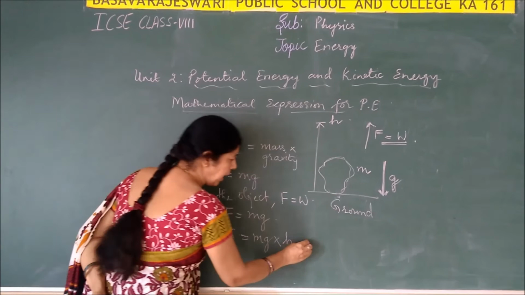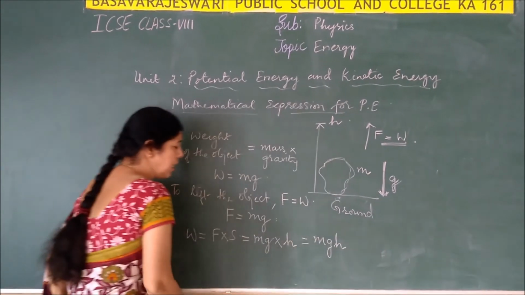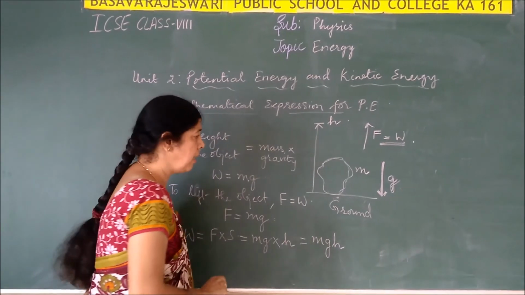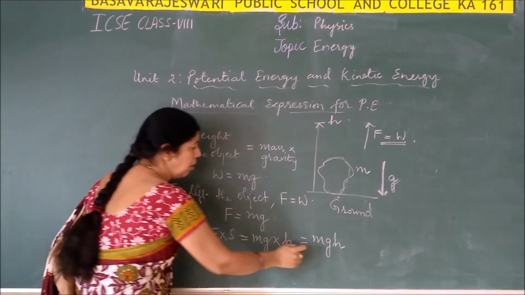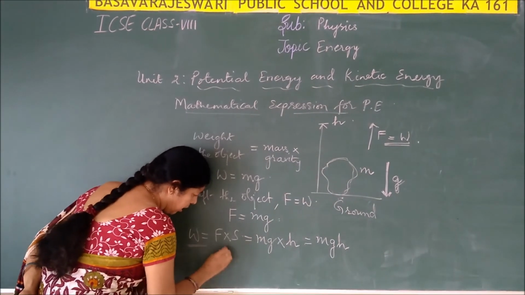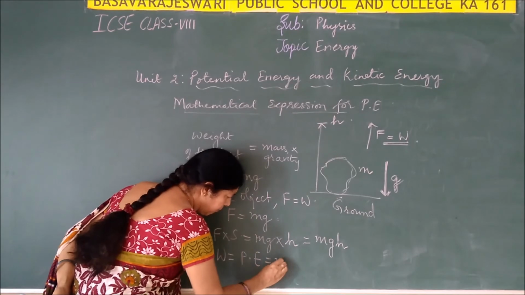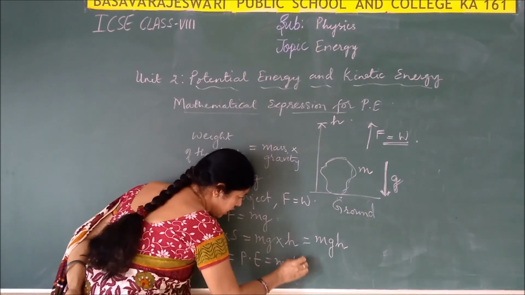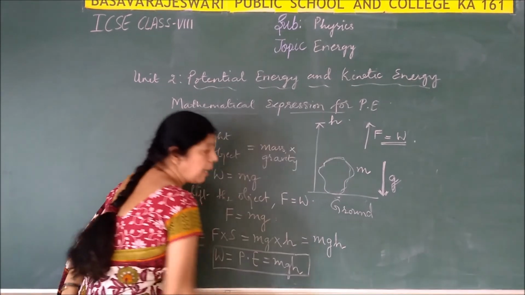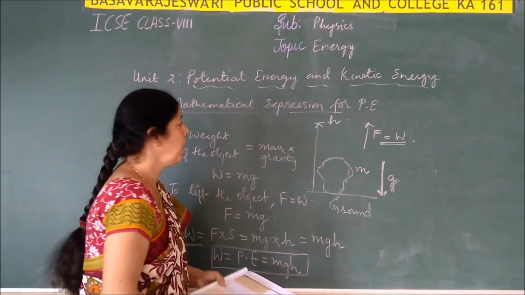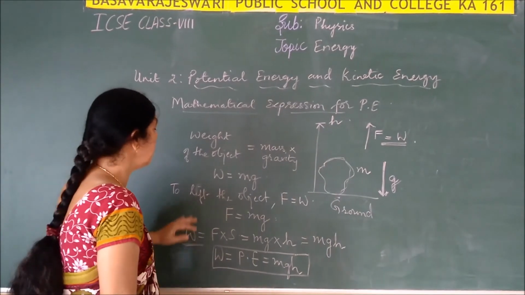So how much will you get? mgh, right? This much work has to be done to lift the object. That work done to lift the object is called potential energy of the body. And what is the expression we are getting for potential energy? It is mgh.